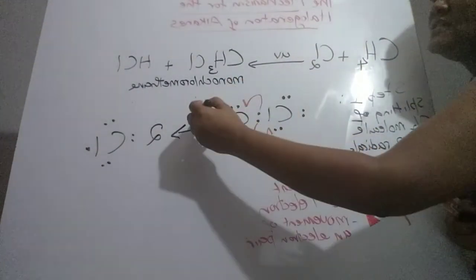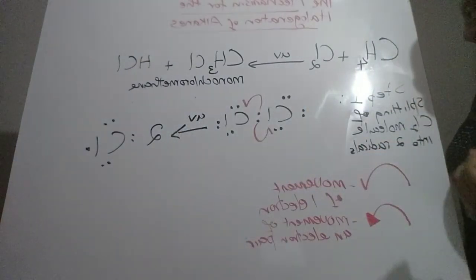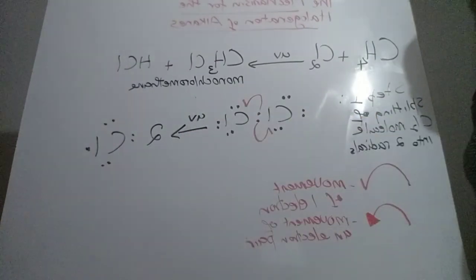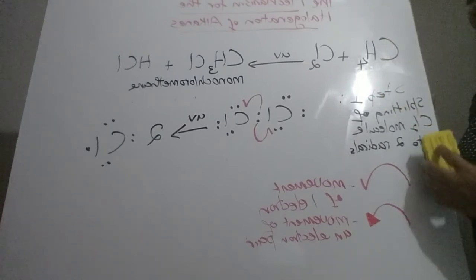Now I need UV light for that because the UV light provides the energy needed to split the molecule homolytically. That is the purpose of the UV, to split that molecule. All right? Now what happens next?